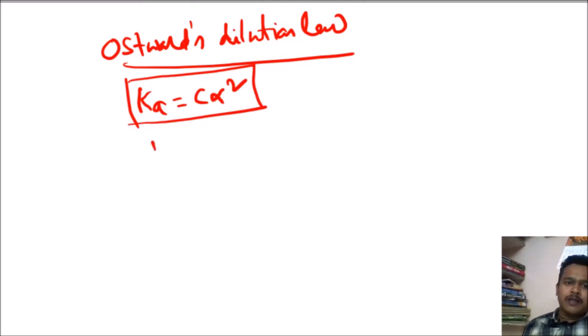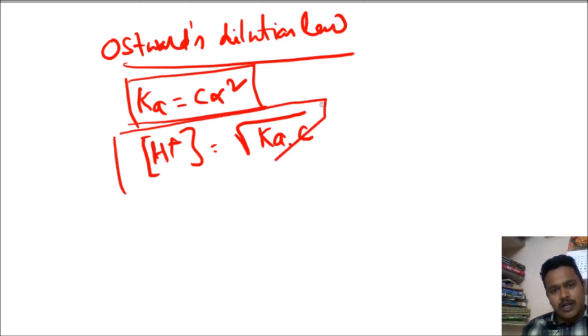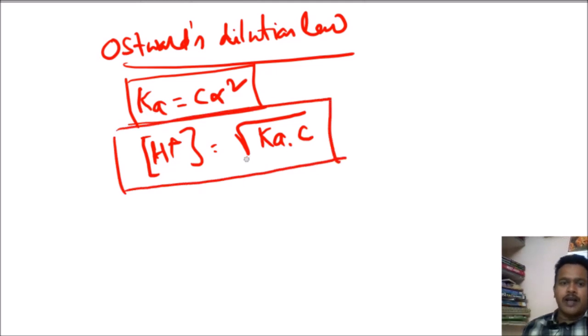Then the H plus ion concentration is equal to root over Ka into C. These two formulas you derived by Ostwald dilution law.